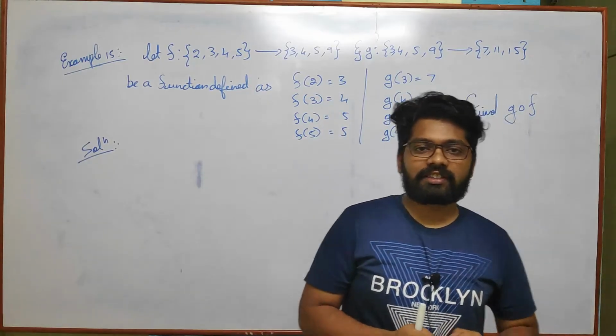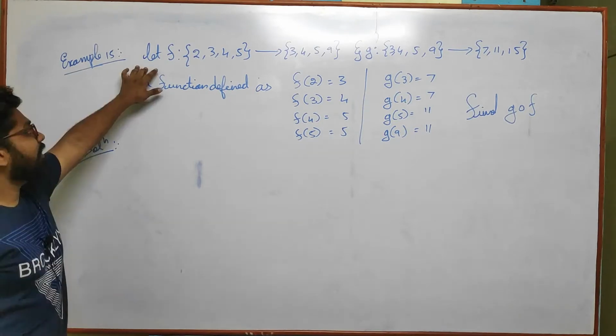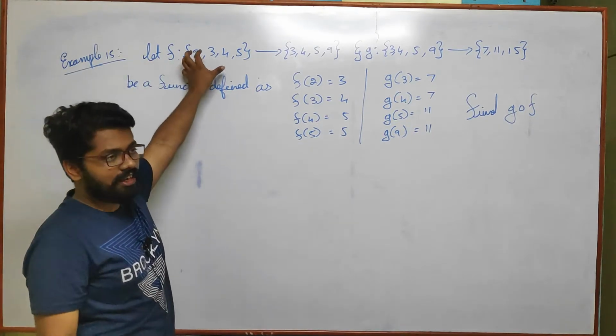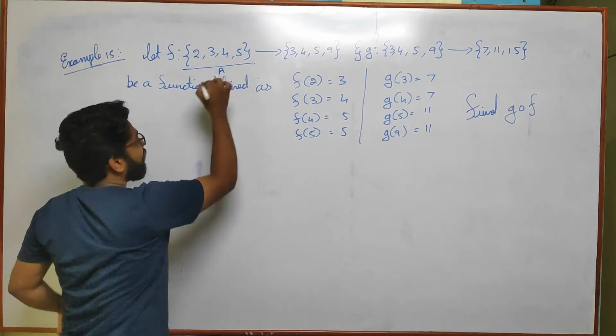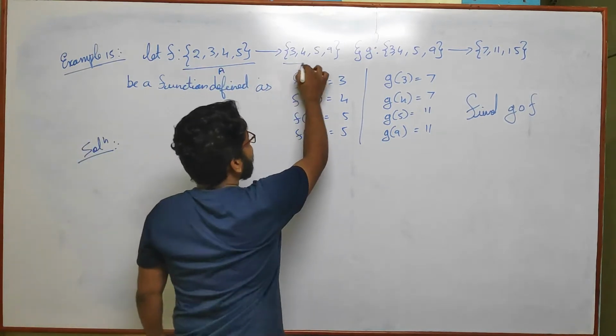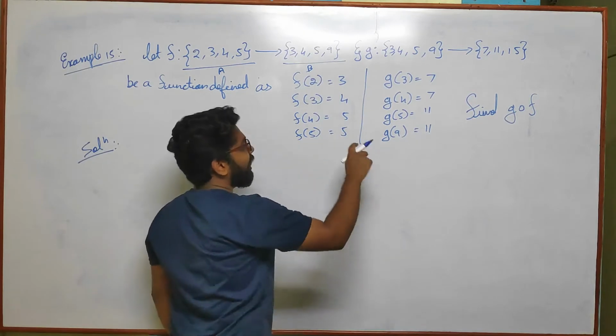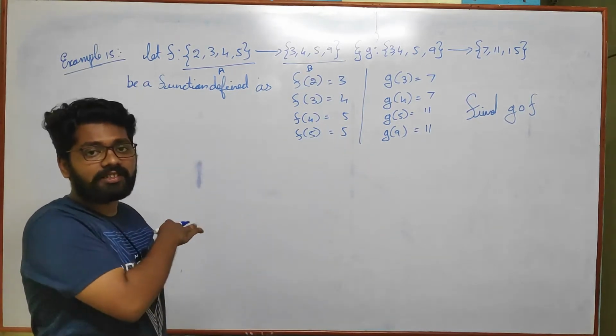Let us see the next sum. Example 15. Let f be mapping from a given set. Let us consider this set as set A, and it is mapping to another set, set B, and this is the first function, f(x).